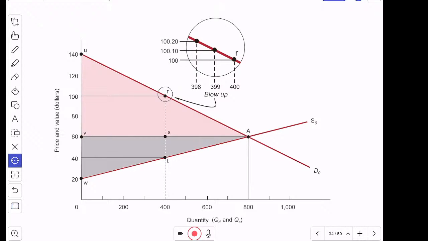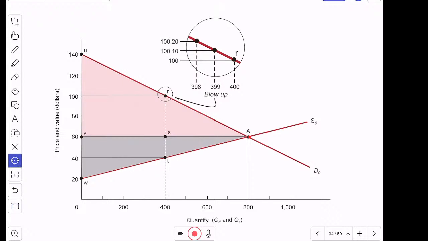Consumer surplus considers the demand curve and the price at equilibrium. You see here, this is the equilibrium price. This is where the market clears.